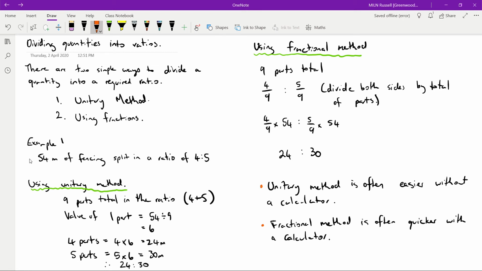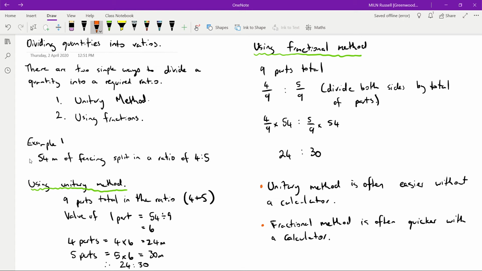Once we know how many parts there are, if we divide that into the total quantity that we have, that will give us how many would be in one part. So we have 9 parts, split this into 9 parts, that'll give us 1 part, which would be 6. 9 goes into 54 6 times. And then once we know how much is in one part, we multiply it by the number of parts we need.